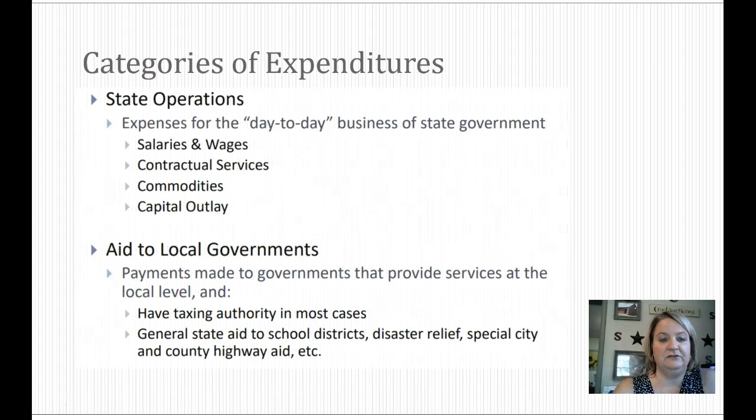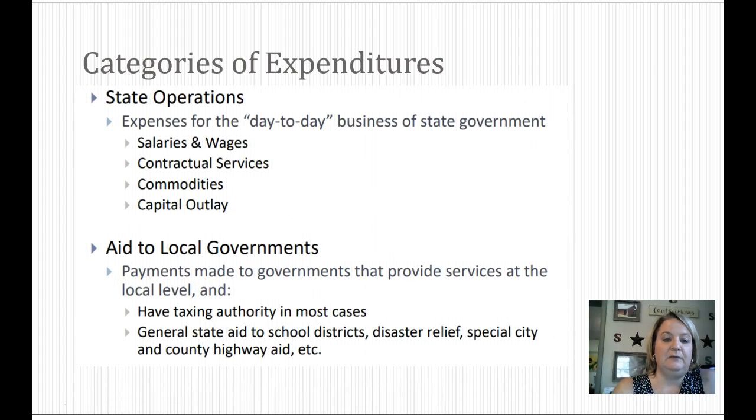Categories of expenditures. State operations: expenses for the day-to-day business of state government include salaries and wages, contractual services, commodities, and capital outlay. Aid to local government: payments made to governments that provide services at the local level and having tax authority in most cases.